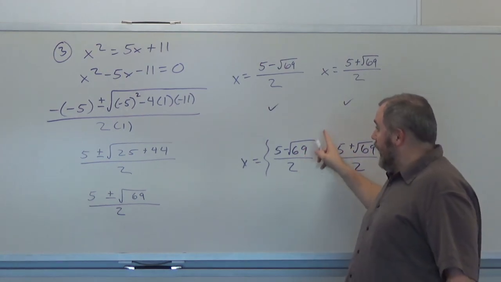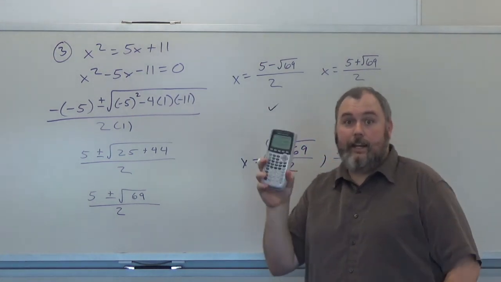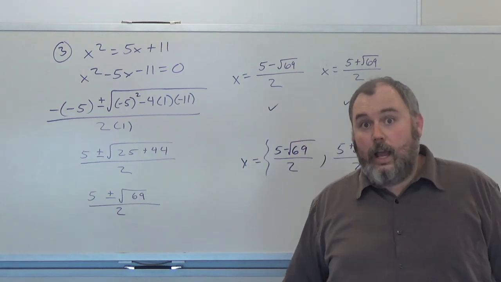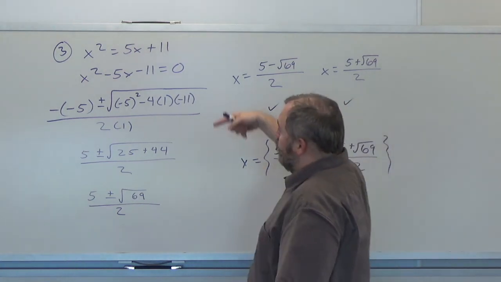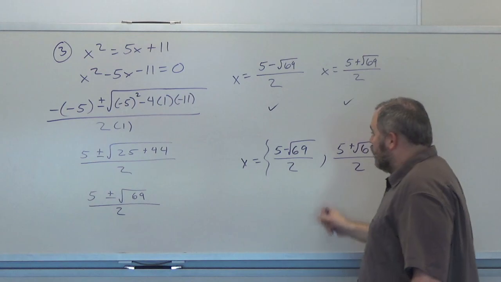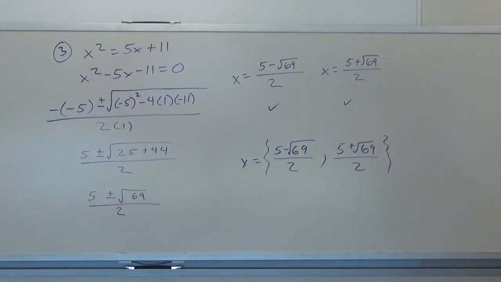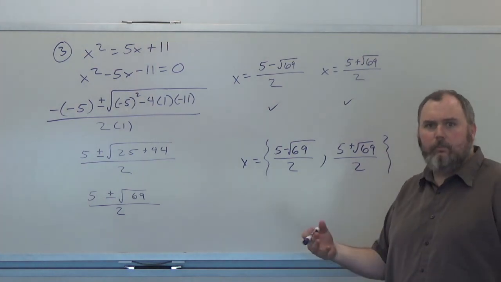Check both of these out like we did here. Use your handy dandy calculator function called store and plug it back into the original equation. And did it work? Yes, it did. So if you didn't get this right, check my work and see where you went wrong.